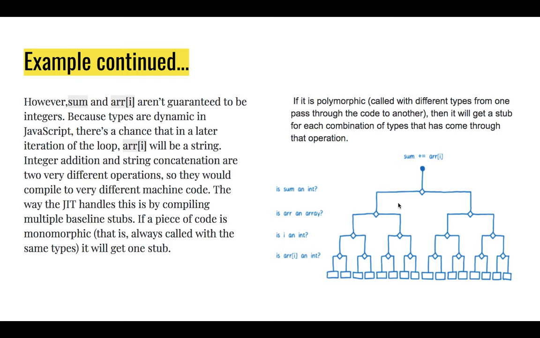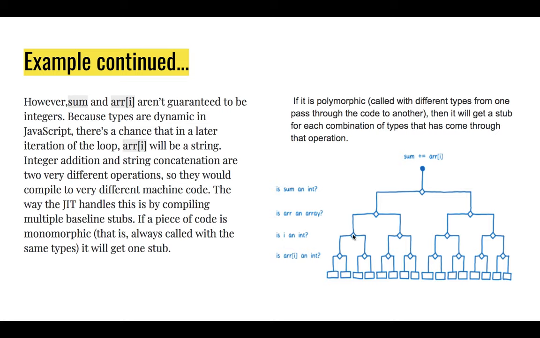If it's an integer, okay, I assume it's an integer. The next question would be, is ARR an array? Because in JavaScript I can do a string also, so I have to make sure that ARR is an array. Okay, ARR is an array. Good.